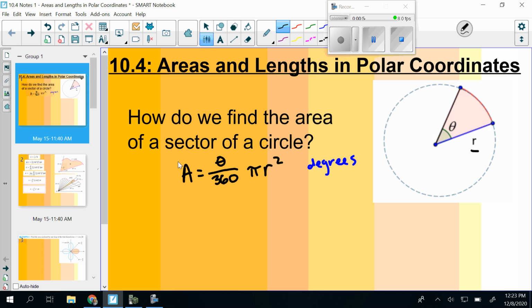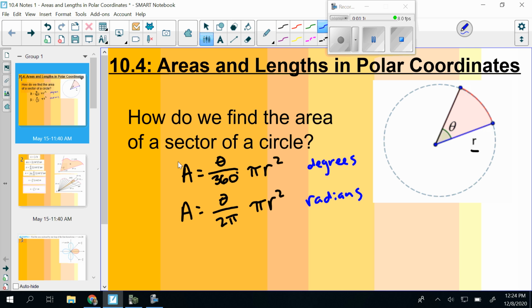If we change that to radians, then instead of the angle over 360, it'd be the angle over 2 pi, since 360 degrees is the same as 2 pi in radians. So in radians, the equation will look like this.